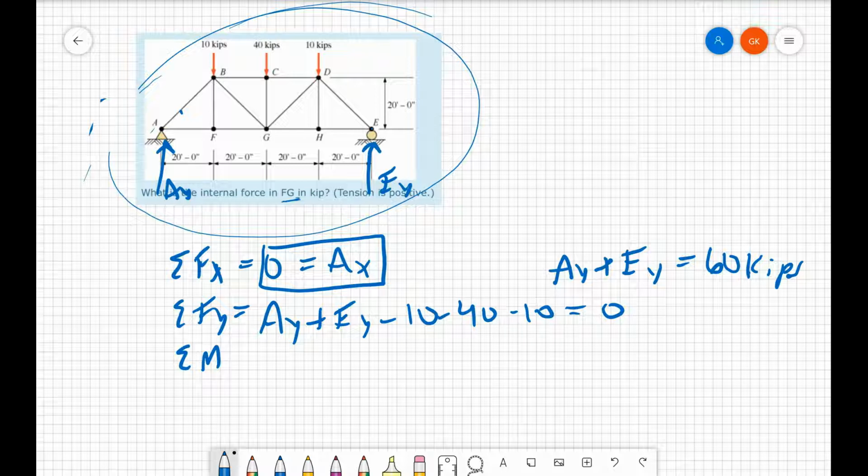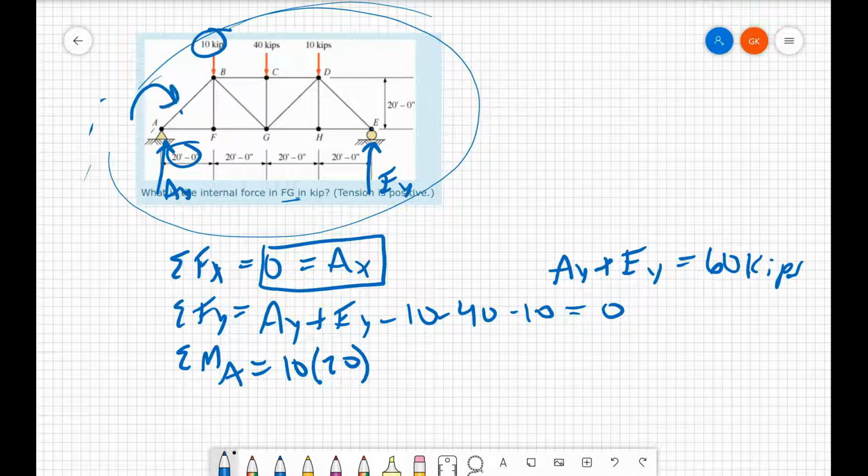And now I'm going to use my last equation. I'm going to take moments about, I can choose either A, E, or any of the other points I want, but I'm going to choose A to make things a little bit simpler. And so that's equal to all the forces times the perpendicular distances. So I have 10 kips times 20. Since I've done that, I guess I'm making clockwise positive.